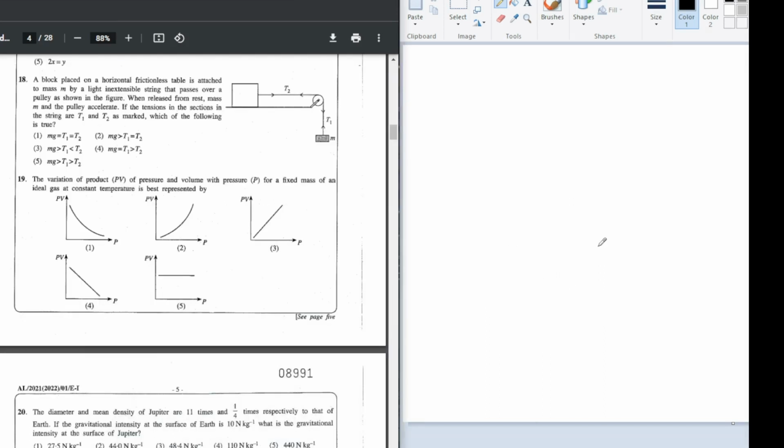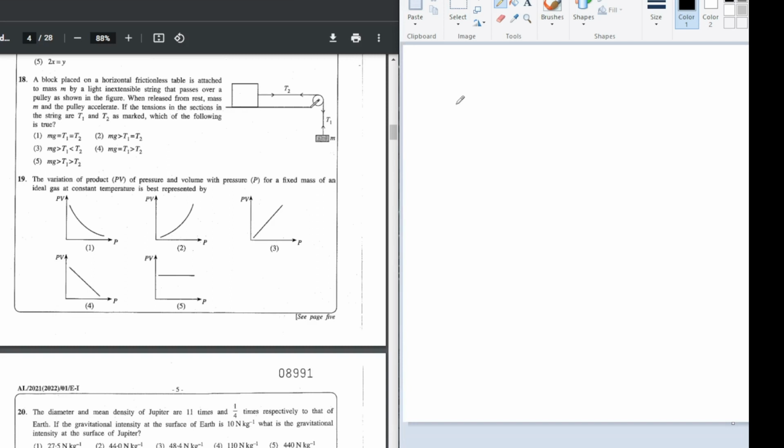Question number 19. The variation of the product PV of pressure and volume with pressure P for a fixed mass of an ideal gas at constant temperature is best represented by.